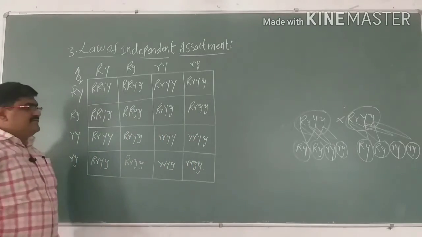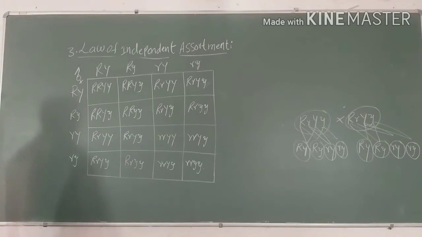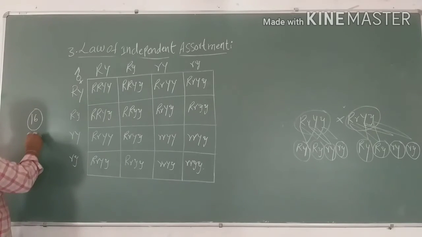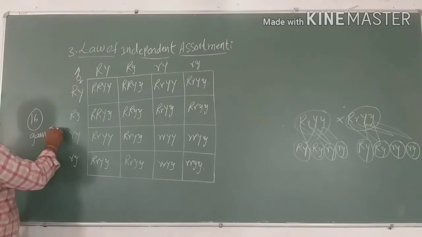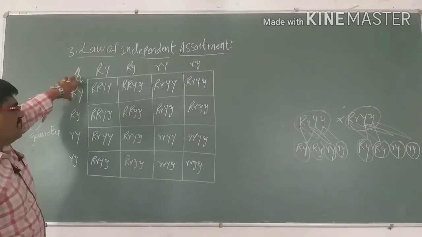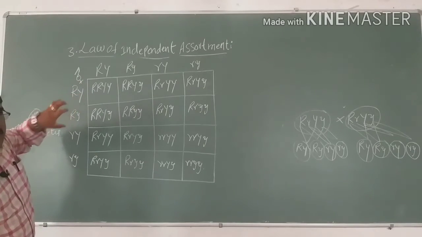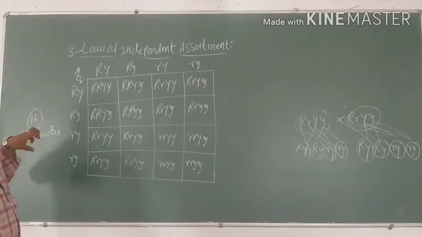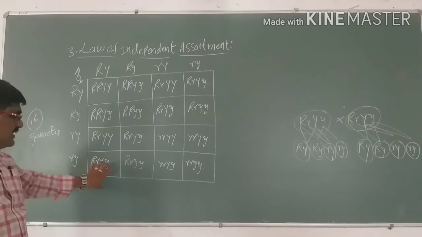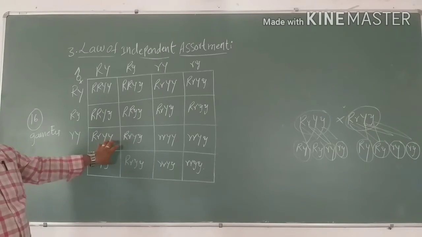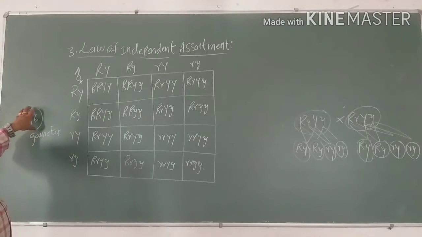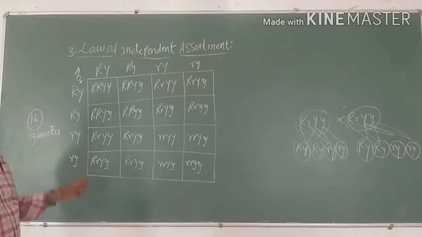So here 16 combinations are produced when the two homozygous parents are crossed. In the F1 generation we get heterozygous round and yellow. When these are crossed, 4 male gametes and 4 female gametes give 4 into 4, that is 16.